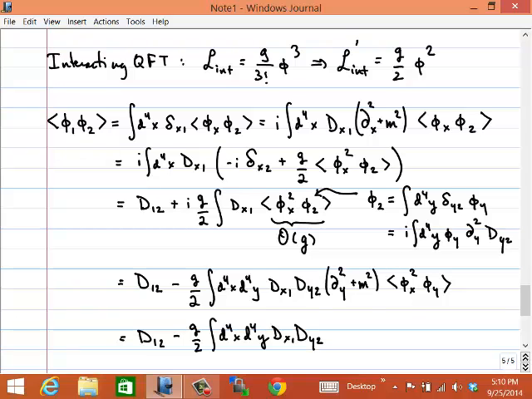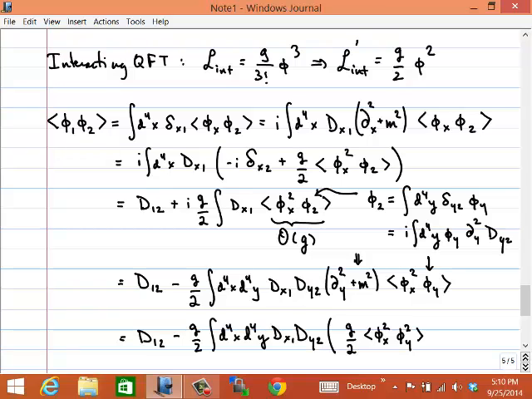So the first one just comes from replacing this, so acting this operator on this guy and using the Schwinger-Dyson equations to get the interaction term. That gives me a g over 2 times phi x squared phi y squared. And then we have the various delta function terms.